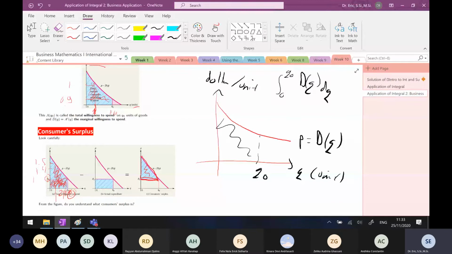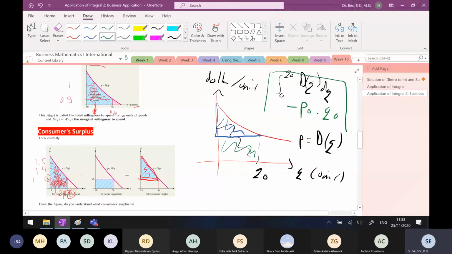But I want to find this area. So I have to minus this one. Minus P0 times Q0. So this is what we usually call the consumer surplus. That is the area of this. Very easy ya.